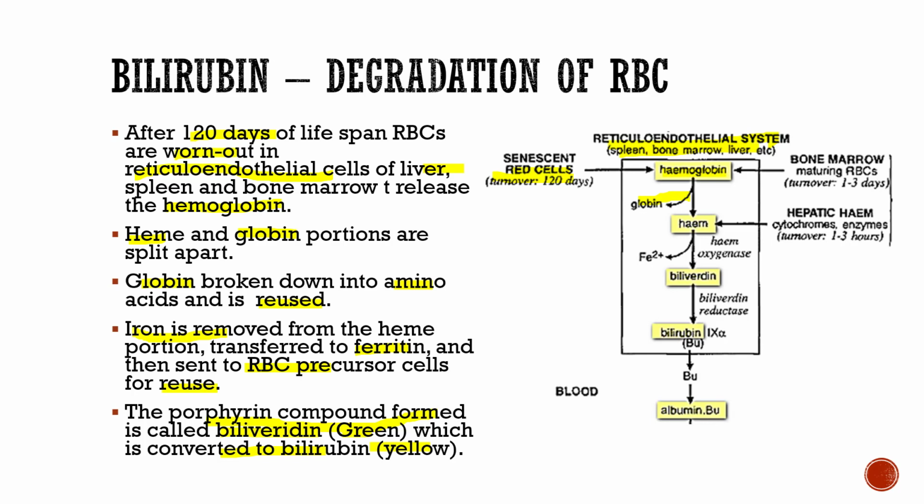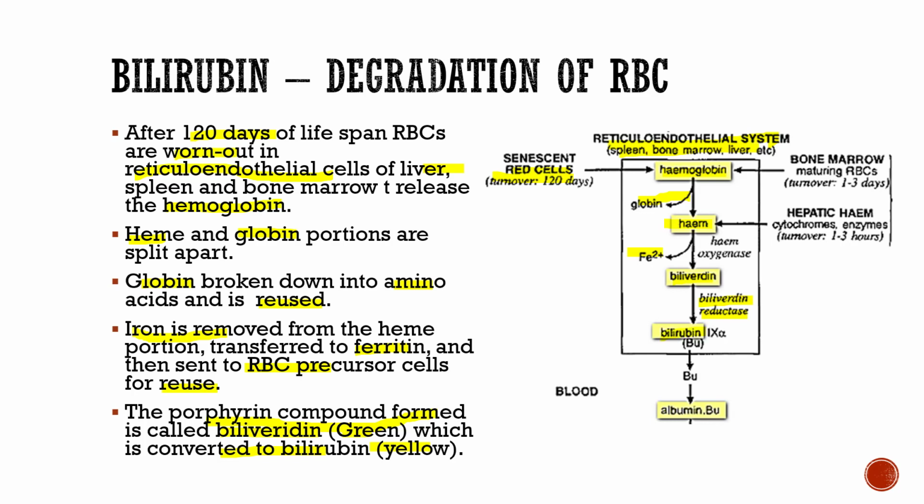The globin will be released, and the heme, which can also come from other hepatic cytochrome enzymes which all contain iron, will release the iron and be converted to biliverdin. The biliverdin reductase enzyme converts it to bilirubin.